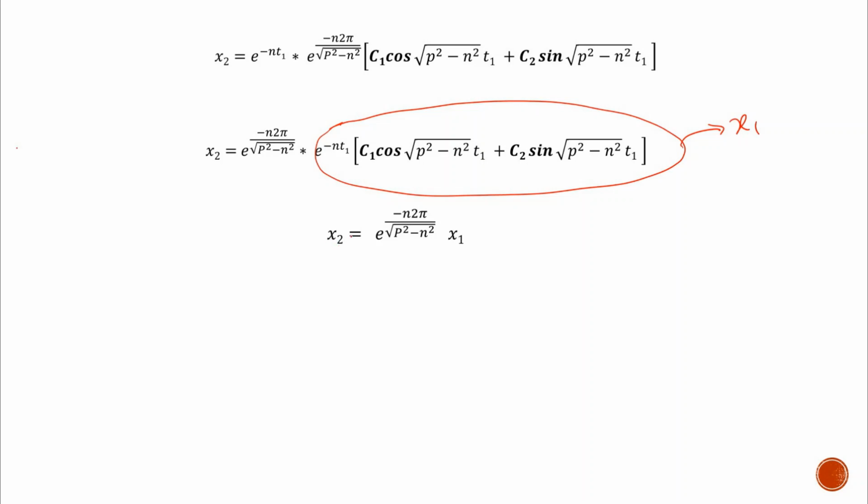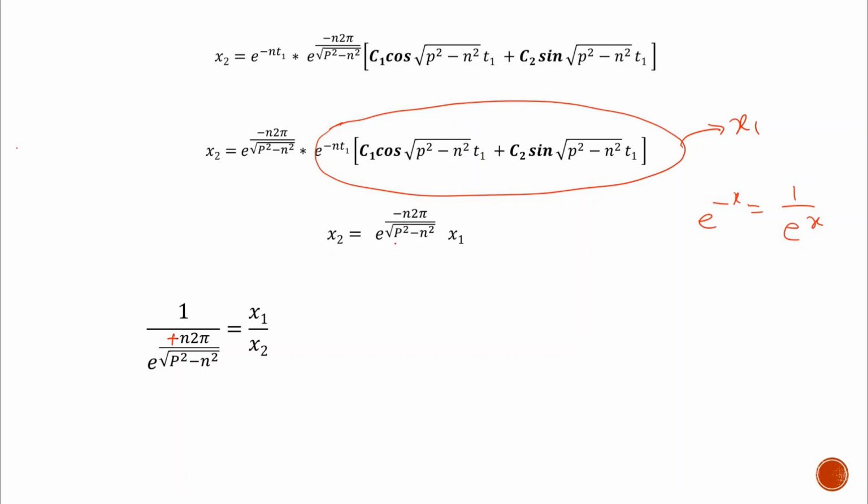So we can write x2 is equal to e raised to minus n 2 pi by root p square minus n square into x1. Now, since it is e raised to minus x, e raised to minus x can be written as 1 by e raised to x. So e raised to minus n 2 pi by root p square minus n square can be written as 1 by e raised to n 2 pi by root p square minus n square, which is equal to x1 by x2.